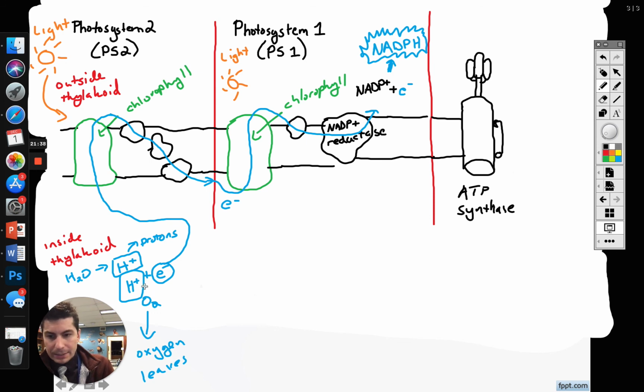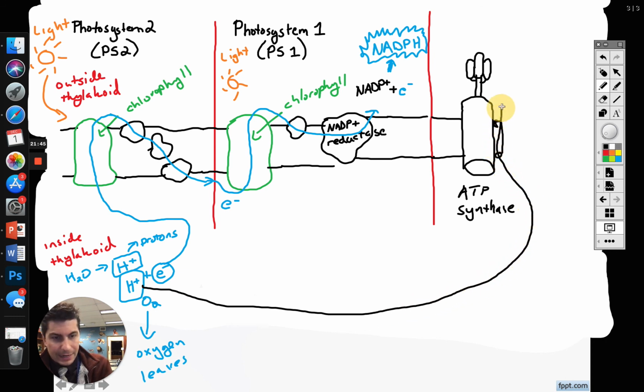What happens here is our H pluses from when water splits go over to ATP synthase. There's a little hole on the side here, and the H pluses are going to go through, to outside the thylakoid. Once our H pluses go to the outside, this little thing right here is like a propeller, and it starts to move around.